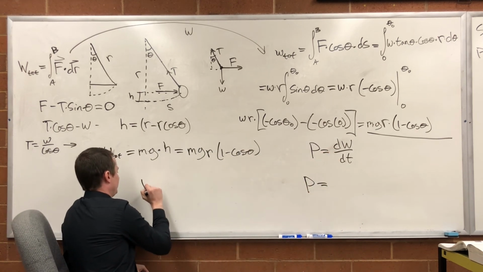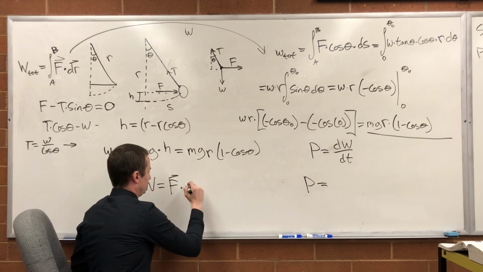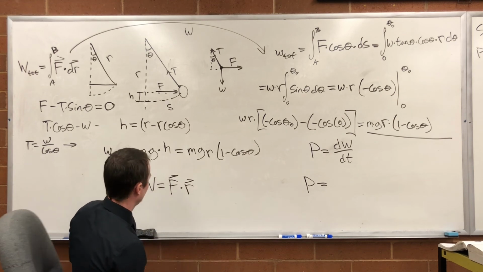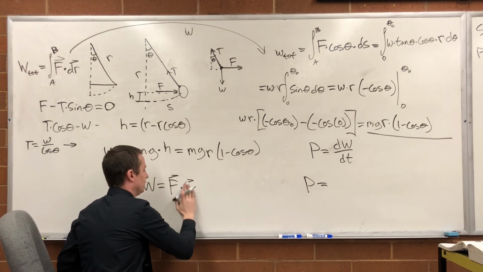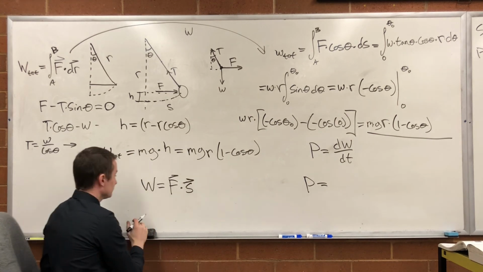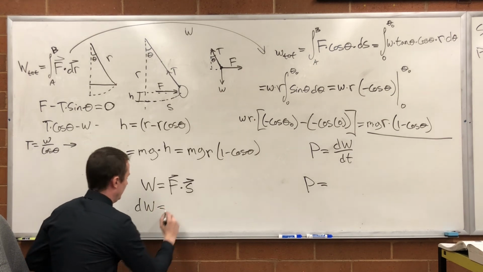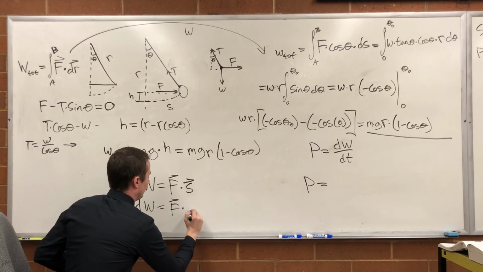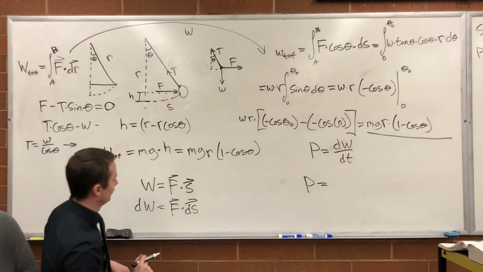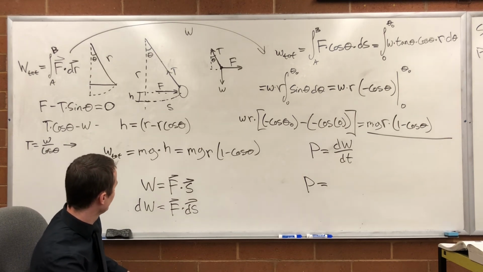Let's think about what W is for a second. Work is F dot, what should we call it, the position vector? I think they typically would use s. So dW can be found using F dot ds. Isn't it with respect to time though?